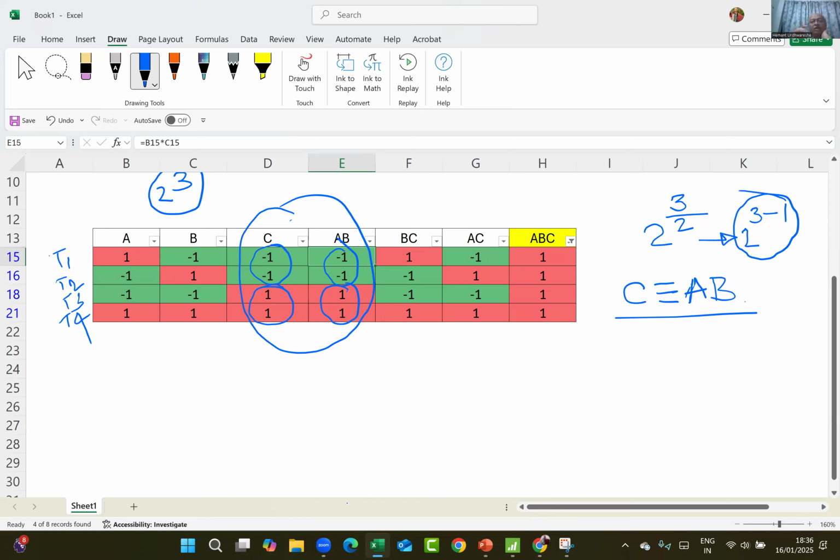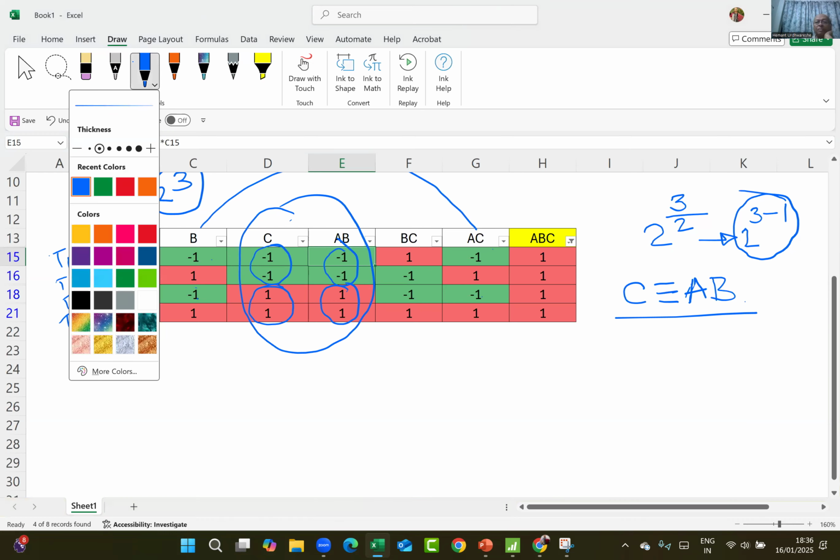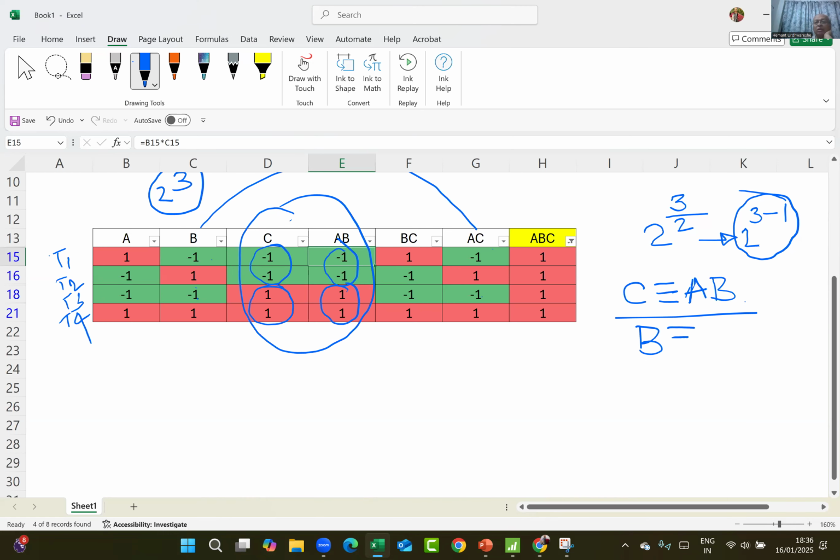Now look at the other columns, B versus AC. The signs are again the same, green, red. B signs are synonymous with AC.